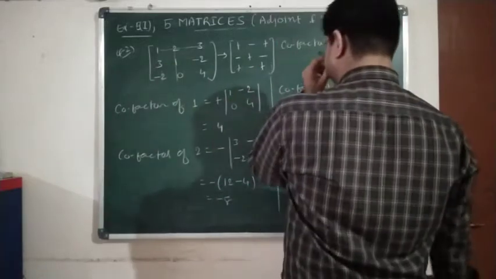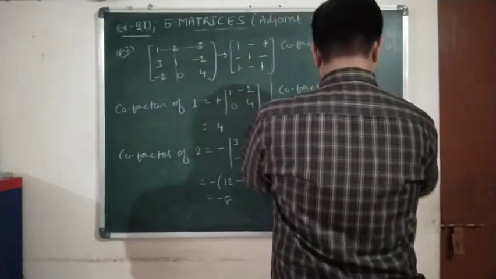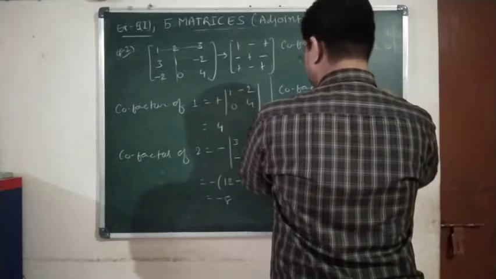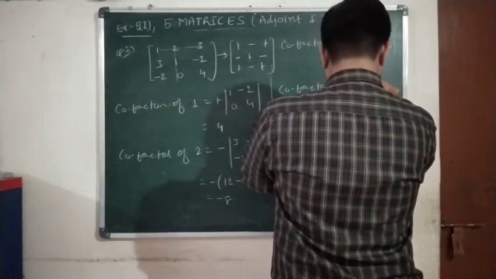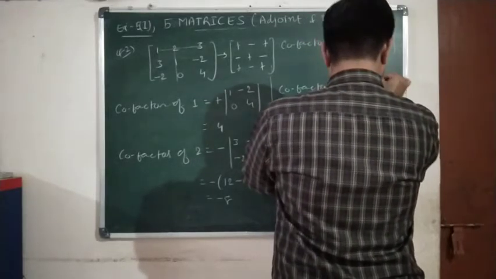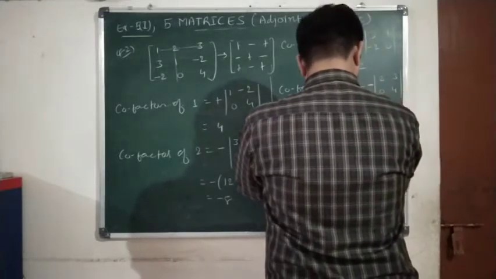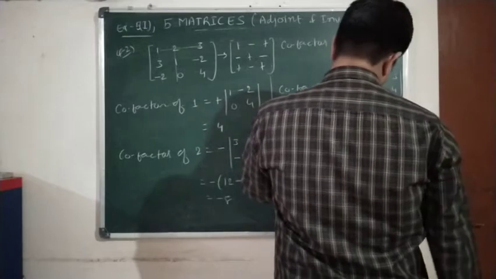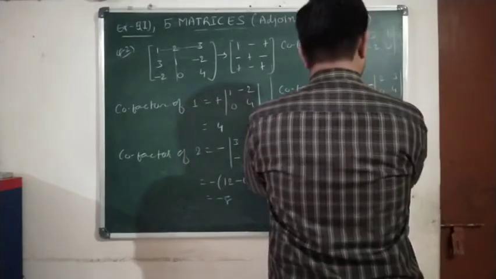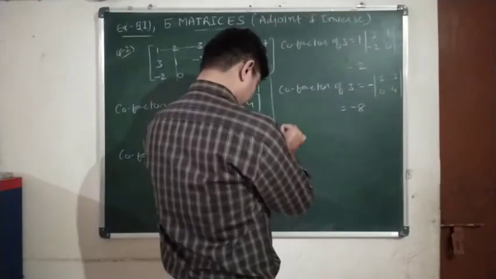Yes or no? So 2 3 determinant. Okay, sign is minus. So determinant 2 3, 0 4. Okay, so 4 2s are 8. We'll get minus 8.